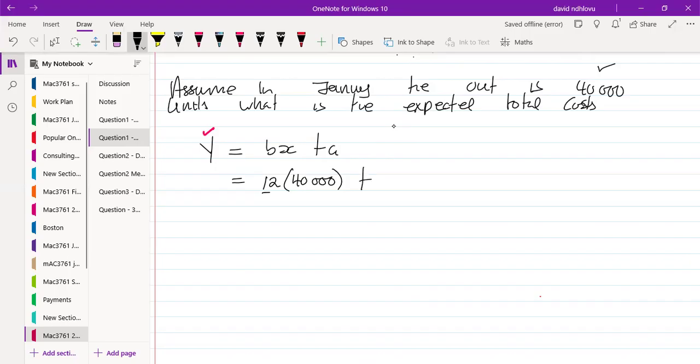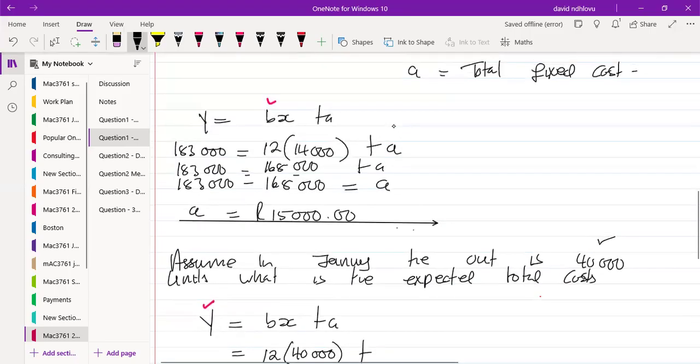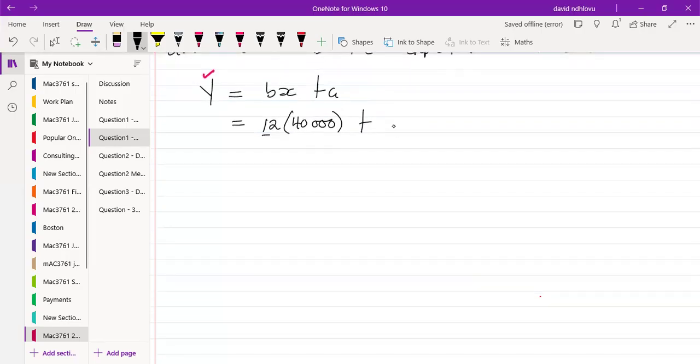Then the fixed cost total, which we calculated here. Remember, the total of the fixed cost does not respond to changes in output. It remains constant, assuming that we are still within the relevant range, which means we have 15,000 here. So in total, we are going to have 40,000 multiplied by 12 plus 15,000, which will give you a total of 495,000.